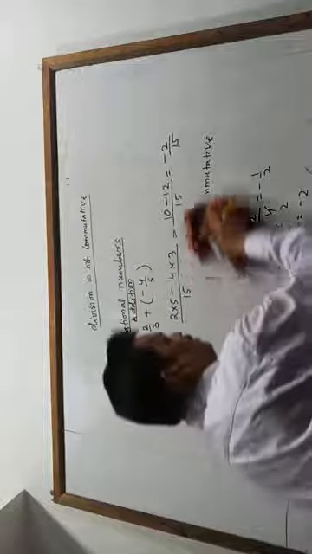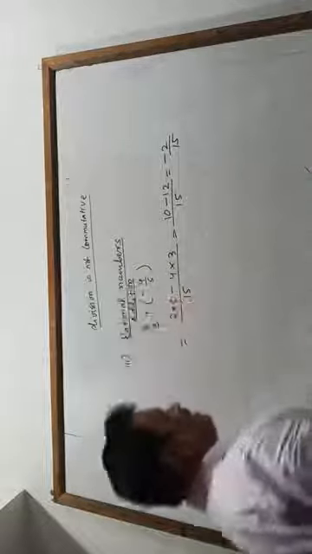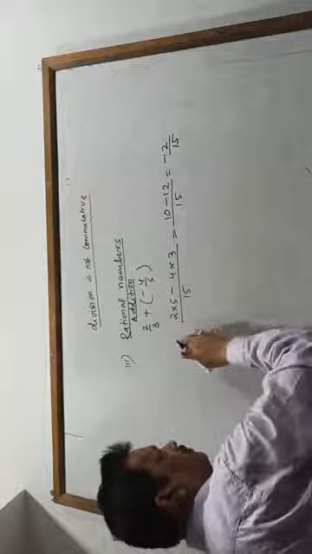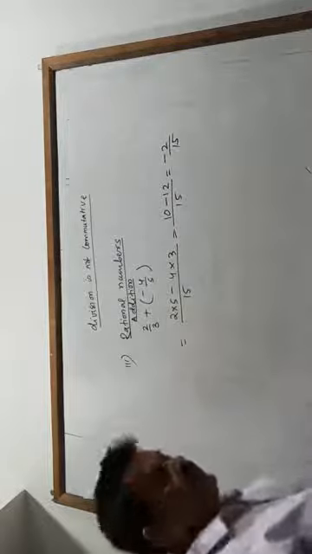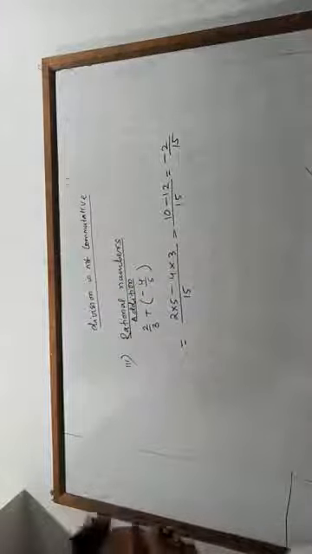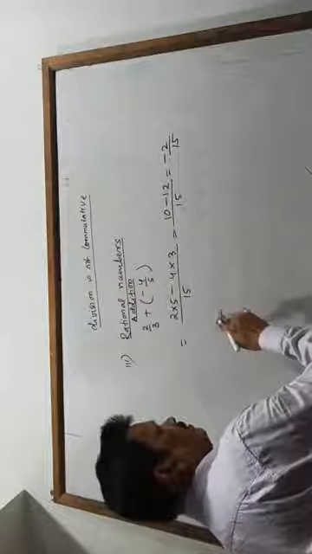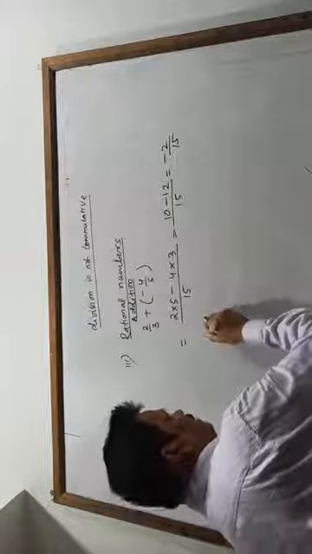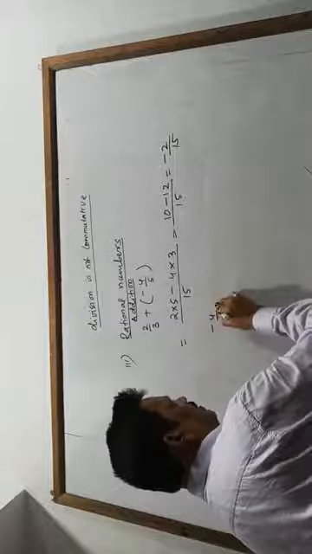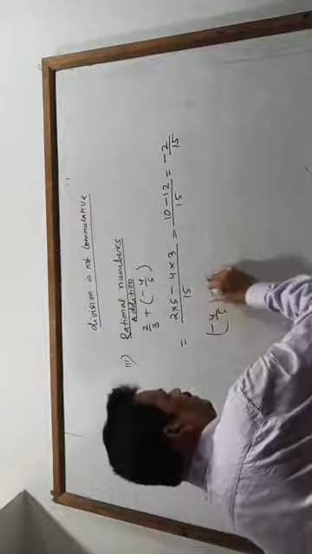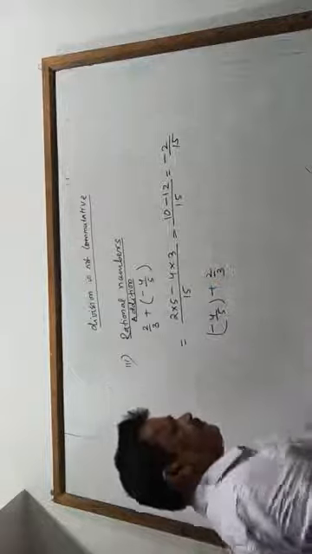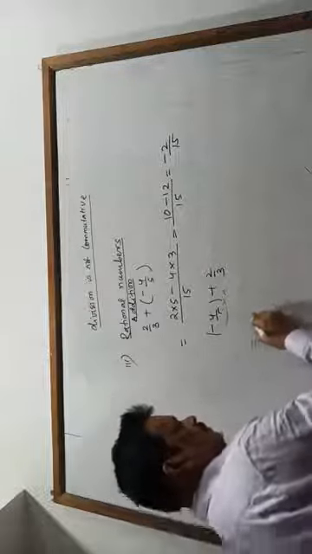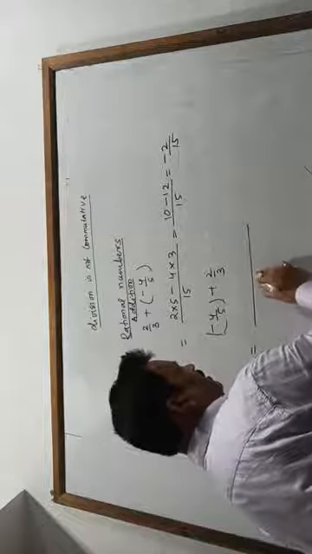Okay, take the reverse. First we'll take this one. Then you take minus 4 by 5 plus 2 by 3. Same thing, the LCM is 15.